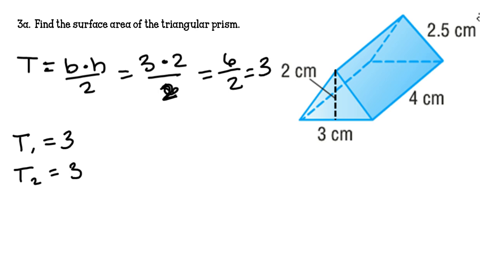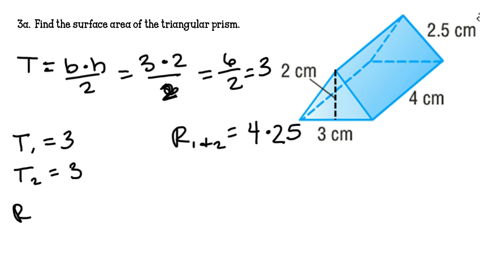So all of my rectangles are the same. No, I have 2 rectangles that are the same and one that's different. So rectangle 1 and 2 is 4 times 2.5. 4 times 2.5, we get 10 for our rectangles.